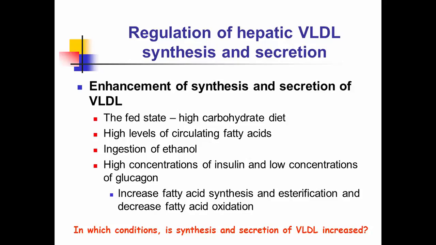Then also ingestion of ethanol, high concentration of insulin and low concentration of glucagon. These conditions can increase fatty acid synthesis and esterification, triglyceride synthesis, and increase fat oxidation, right? So all these conditions can promote VLDL synthesis and secretion because of the need for VLDL for triglyceride transport.